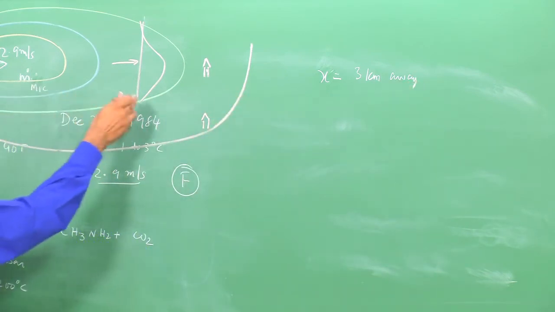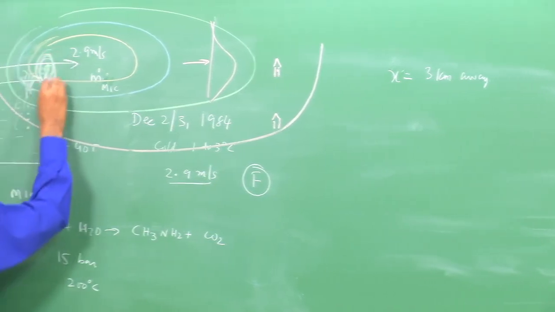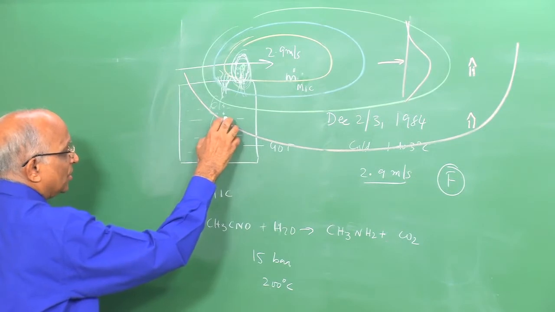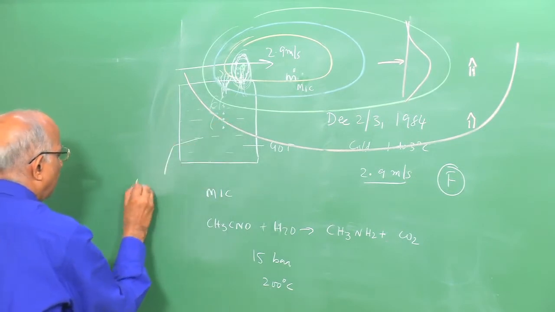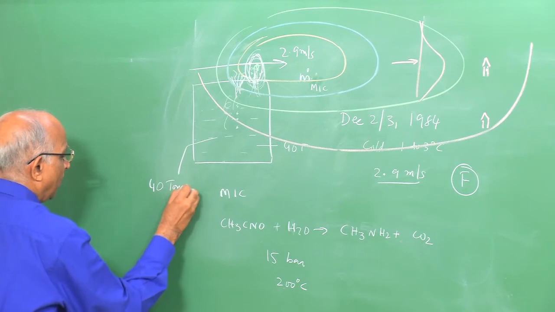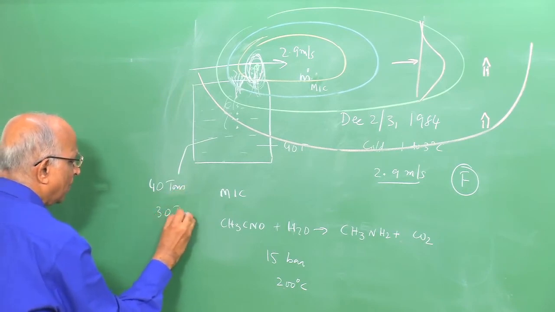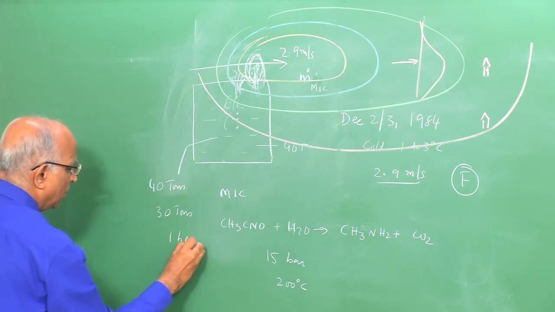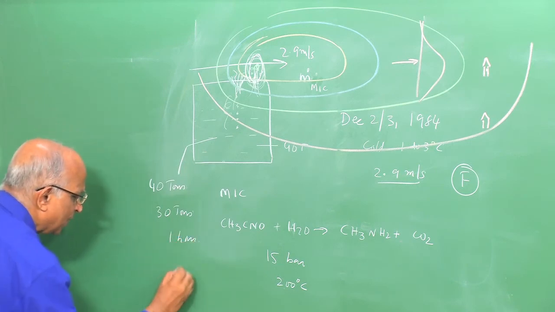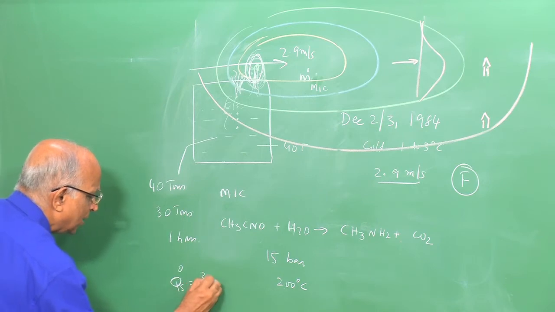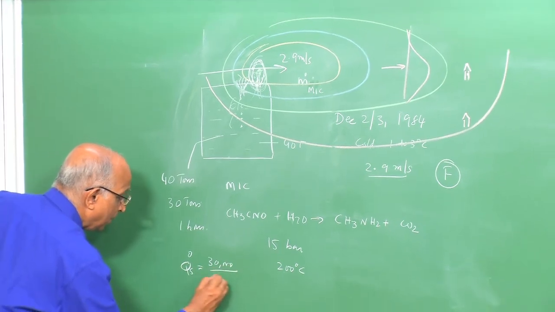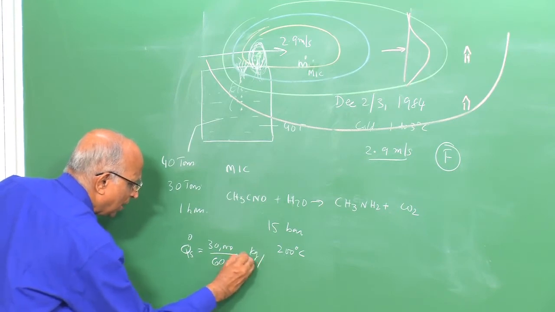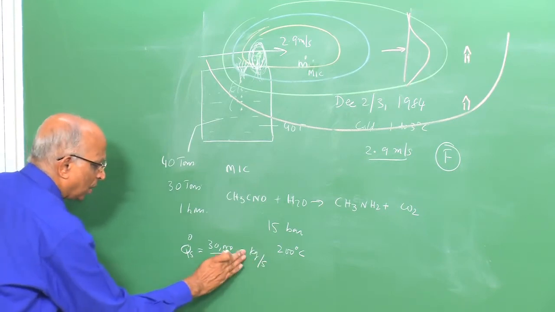Out of this tank which had something like 40 tons of methyl isocyanate, something like 30 tons leaked out in a matter of about an hour. Therefore, Q dot S is equal to 30,000 divided by 60 into 60, so many kilograms per second is what got leaked out.